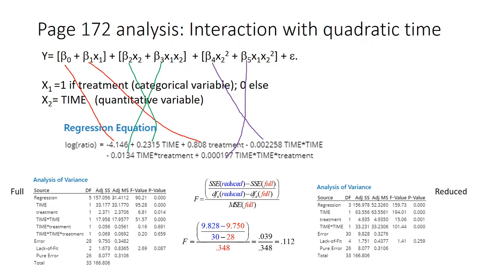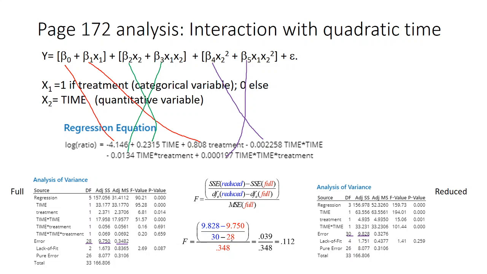So this is my full model with everything, and I can calculate my sum of squared errors, my degrees of freedom, and my mean squared error: 9.75, 28, and then 0.348 in the denominator. And then my reduced model, remember, is going to have a larger sum of squared error, which will be 9.28 and 30.